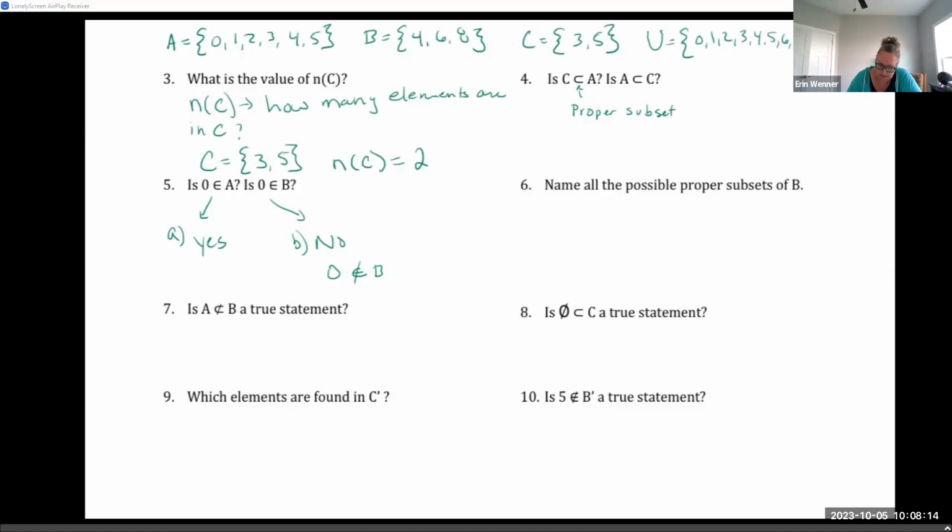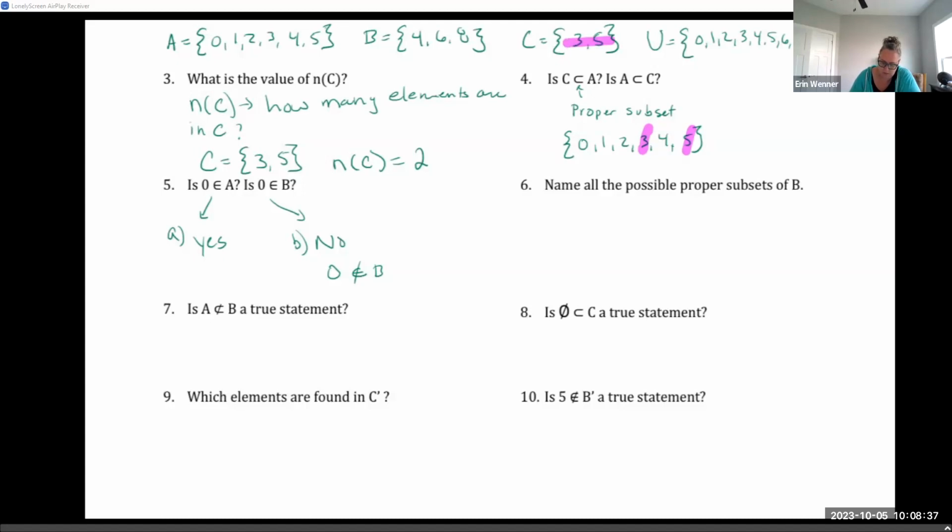So if we look at set A, this is A. And C is the numbers 3 and 5. So here is the number 3 and there's the number 5. Right, so this is set C.